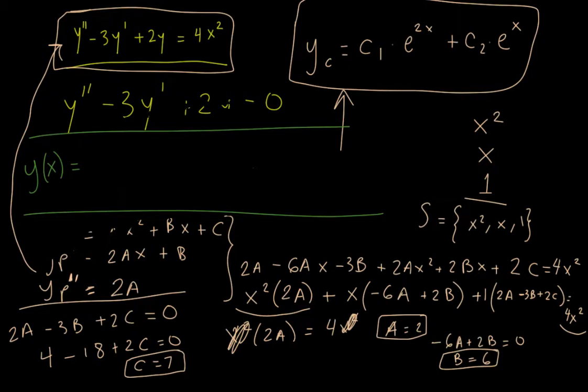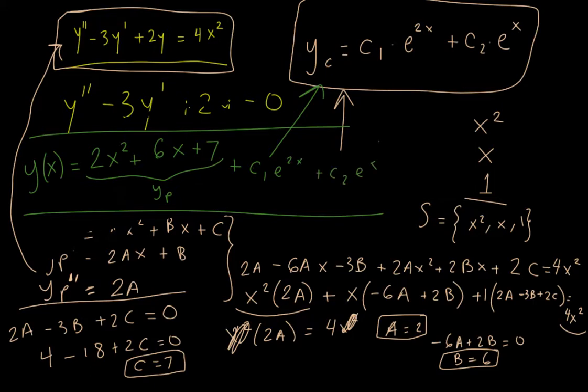And we know a is equal to 2, so that's 2x squared plus 6x, and c is 7, plus 7. That's our y sub p. And then plus our y sub c, which is c1 e to the 2x plus c2 e to the x. And that would be it.